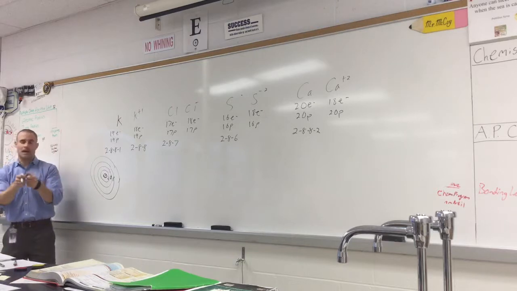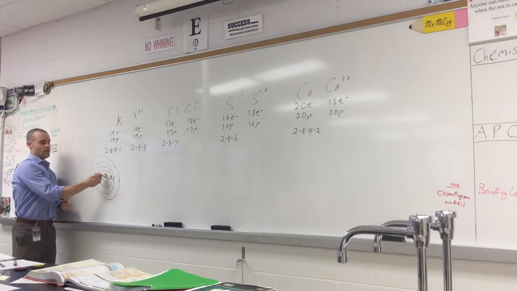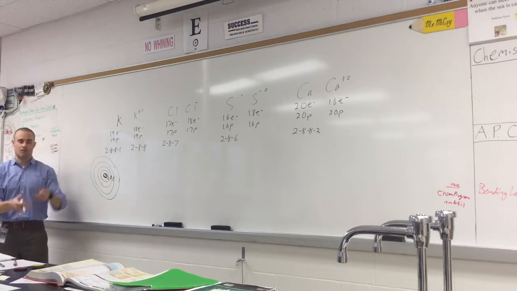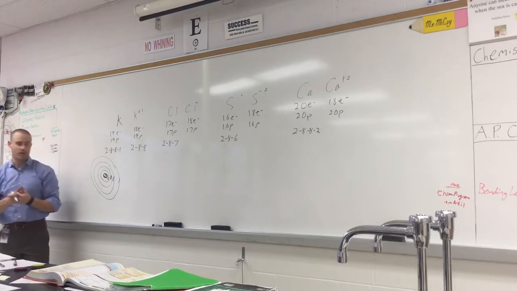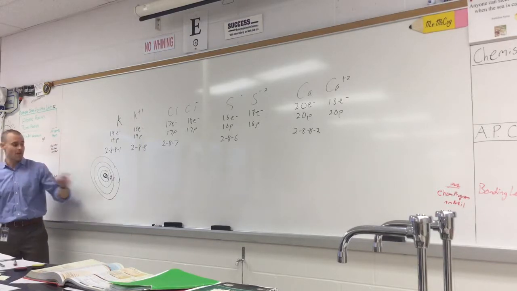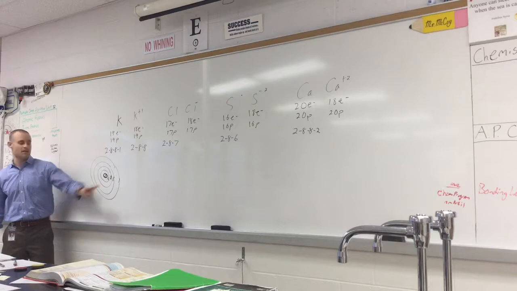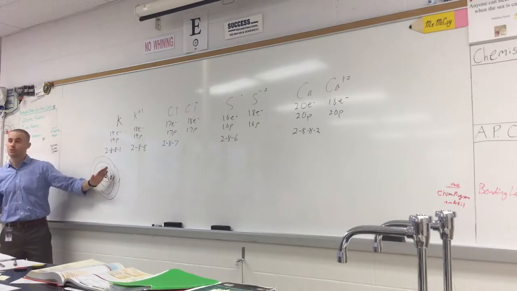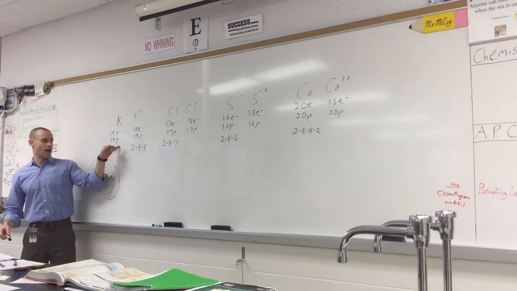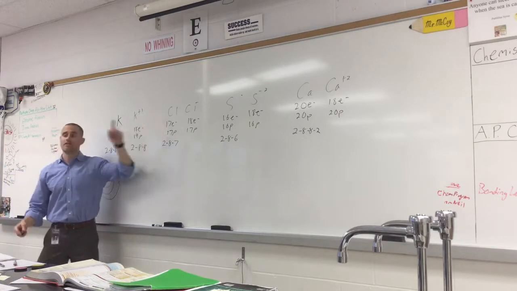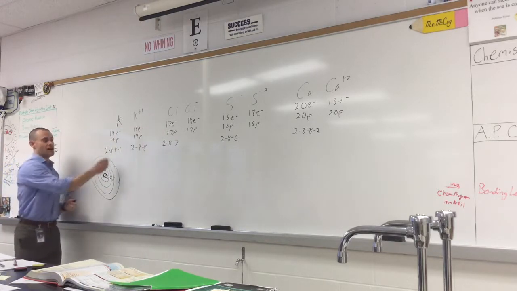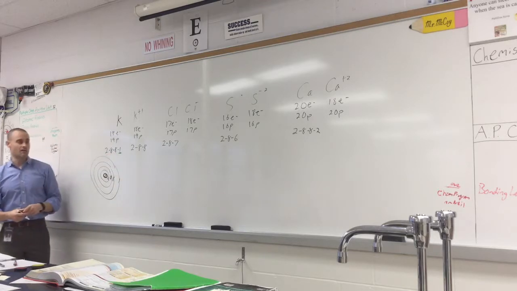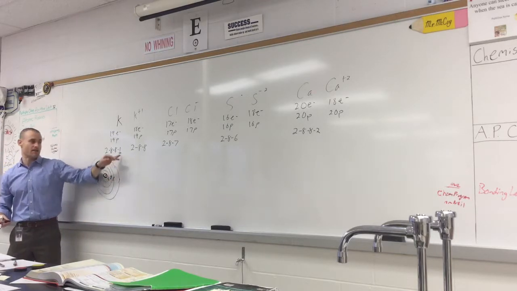So they're both pulling on each other, but the way it works in real life is the protons are way stronger. So they actually keep pulling those electrons in. But the further away the electron is, the less it feels that pull because there's other electrons between it. So the atoms always lose or gain electrons on that last energy level, that valence shell.